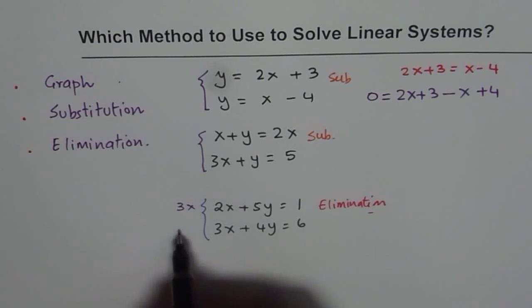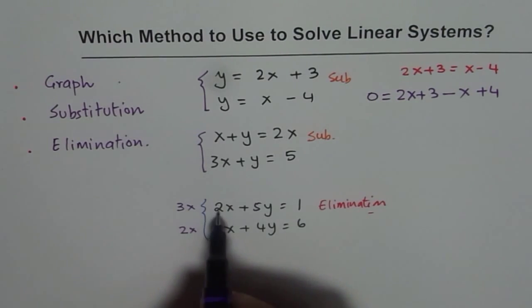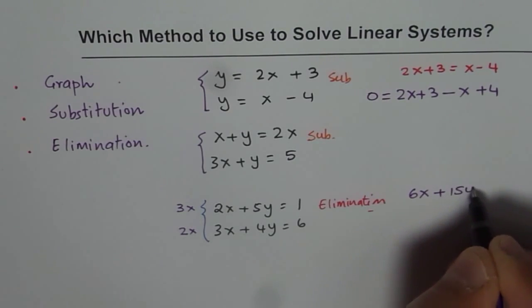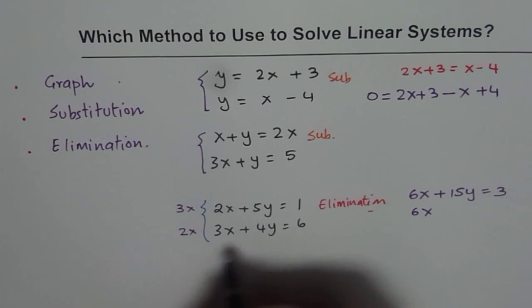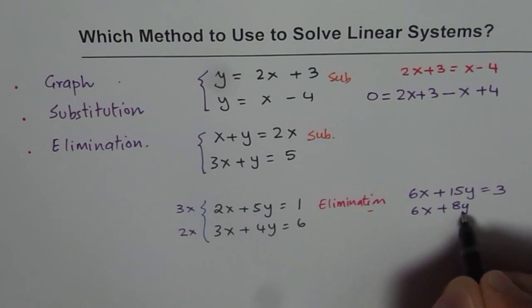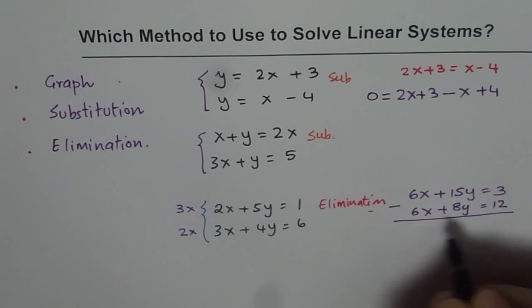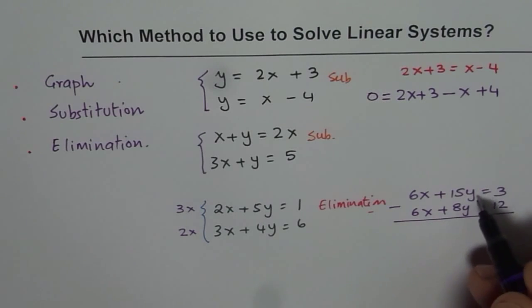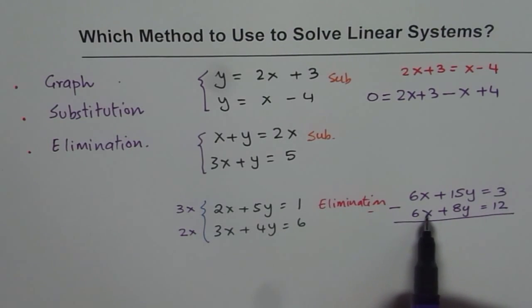And the second by 2, and then only I can eliminate x. So if I do that, I get 6x plus 15y equals 3, and 6x plus 8y equals 12. And now I can take away one from the other, eliminate x's, right? And find the value of y. So in elimination we have an extra step, but it helps, right?